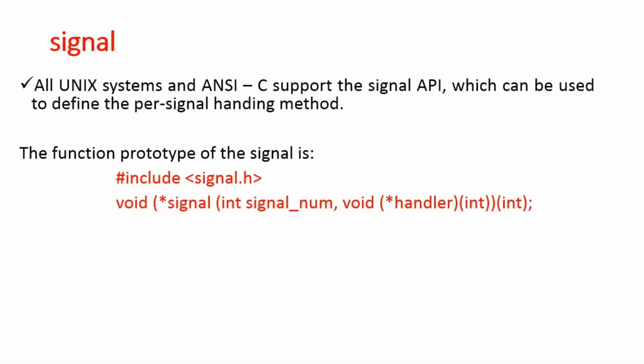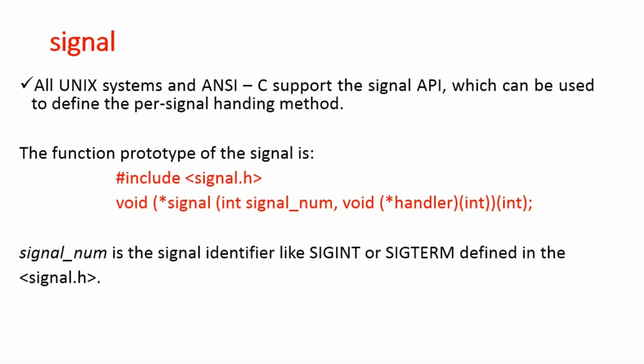You need to use the header file signal.h, and the signal API has two arguments: the first one is int signum and the second is the handler. Signum is the signal identifier like SIGINT and SIGTERM defined in the header file signal.h. So in the first argument you can use any one of the signals available in the Unix system, like SIGINT, SIGTERM.